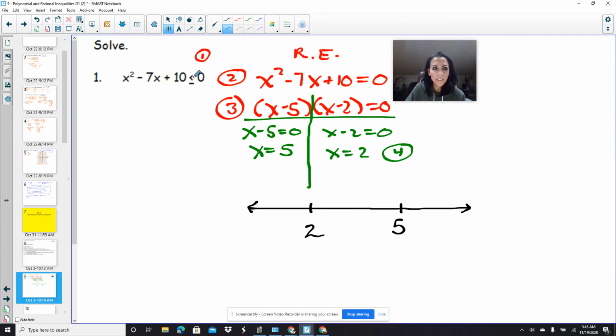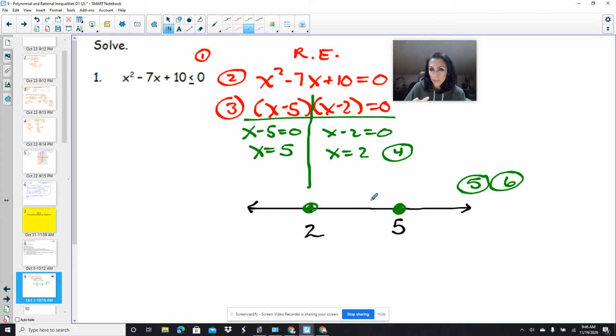Since it's less than or equal to, we have a closed circle on 2 and a closed circle on 5. That brings me up to step 6. So this is step 5 and 6.